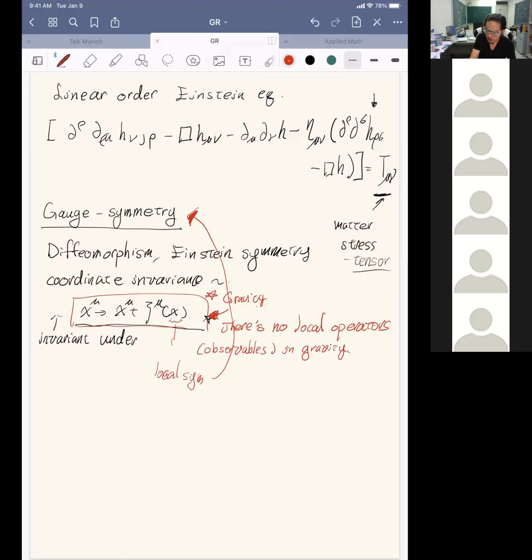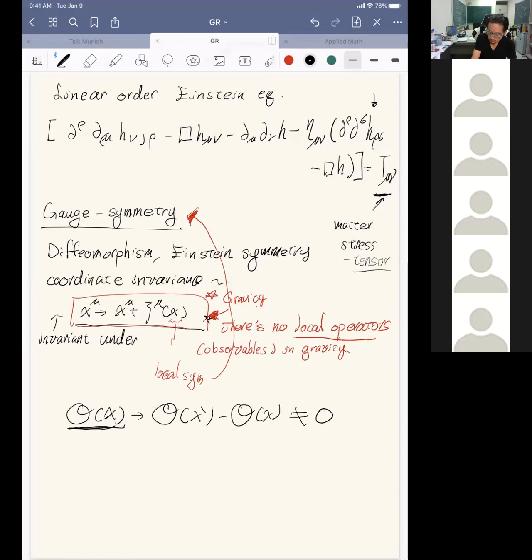But if it's only coordinate invariant things that we can talk about, then there's no sense about local operators, right? Because if you talk about anything that is local, that means it's coordinate dependent. If you have some observable O that depends on X, even if this is a scalar operator, when you do a coordinate transformation, X goes to X prime, the change of O is not zero, because it depends on X. So any local operator is not a gauge invariant operator.